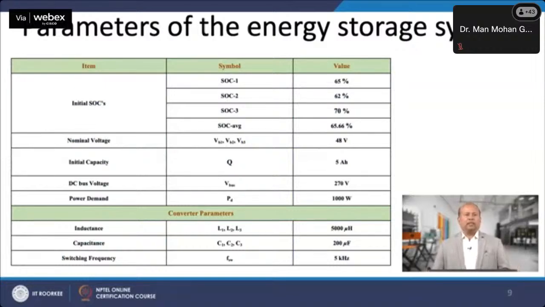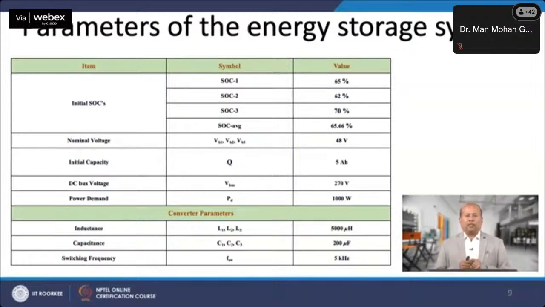The initial SOCs are taken as SOC 1, which is 65%, SOC 2 62%, and SOC 3 70% respectively. The average SOC is close to 65.66. The nominal voltage for 3 modules is 48 volts.